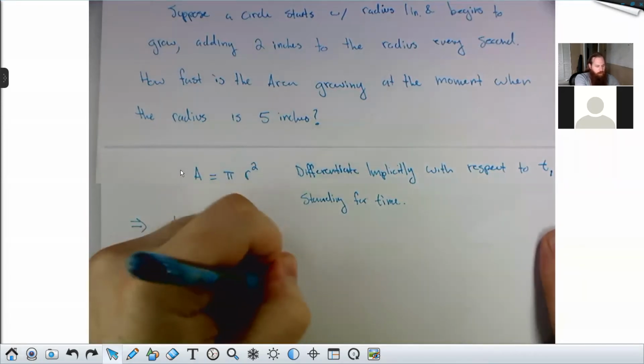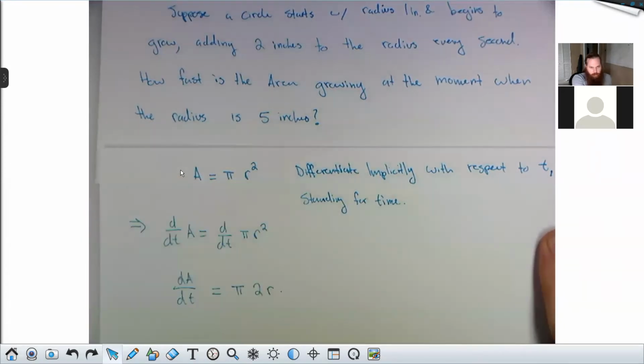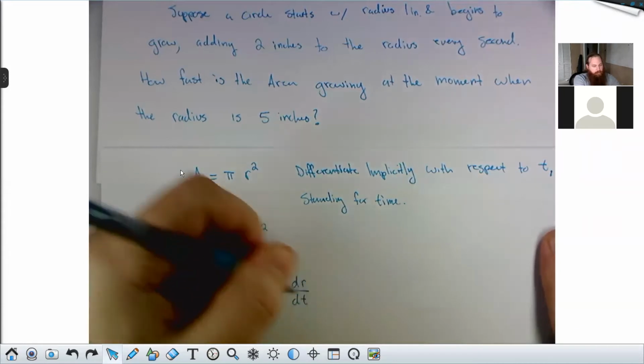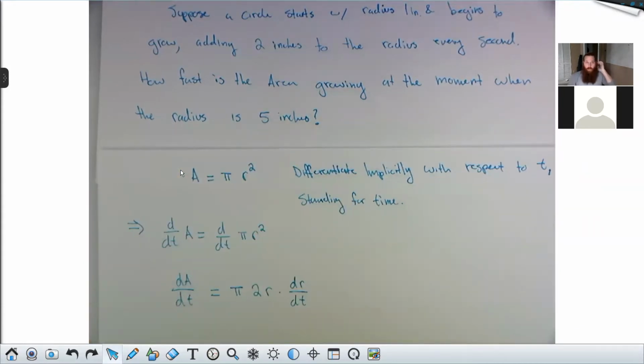But by the chain rule, or if you like, using the rules for implicit differentiation, I would slap on a dr dt, just like we slap on a y prime or slap on a dy dt. Here, the thing I'm differentiating is r, and I'm differentiating with respect to t, so I slap on a dr dt. Does everybody understand where this bottom relation comes from?